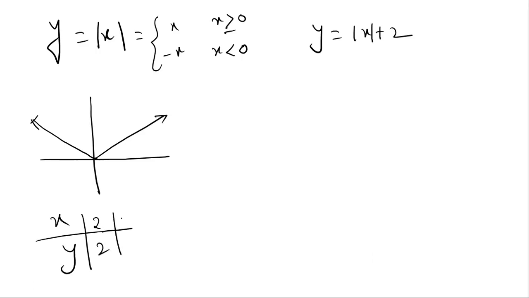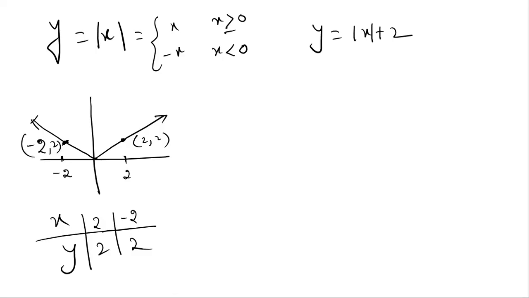If you put the value of minus 2, this will also become 2. So if you put 2 here, you get the point 2, 2. And if you put minus 2, you get the point minus 2, 2.